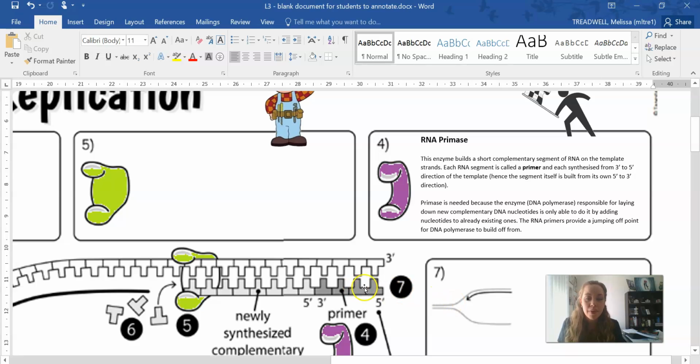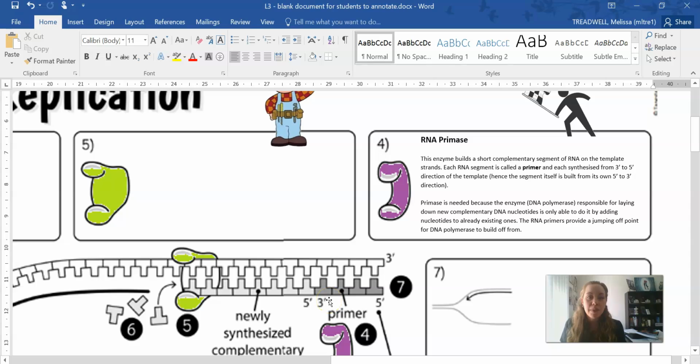But what it does is build a primer that is synthesized, and now this is important, so it says each RNA segment is called a primer and is synthesized from the 3' to 5' direction of the template. So you can see we're starting with the 3', so it's built in this direction. But it says, hence, the segment itself, because it's anti-parallel, is built in a 5' to 3' direction.